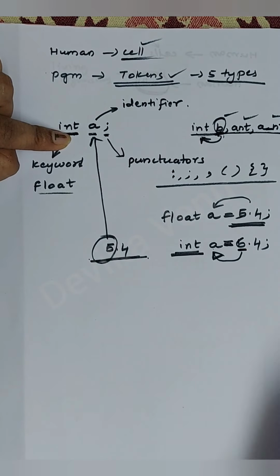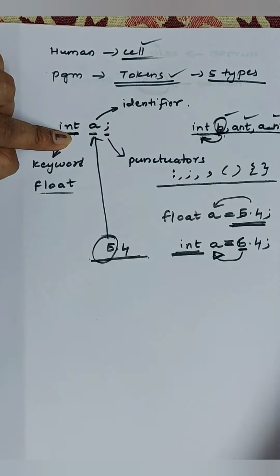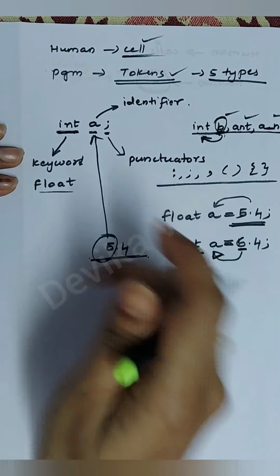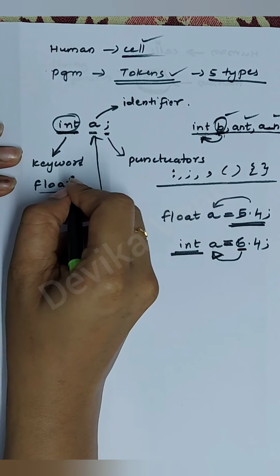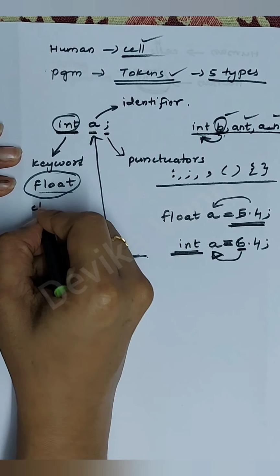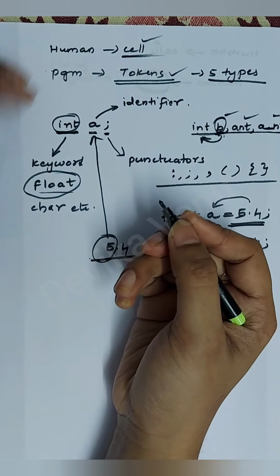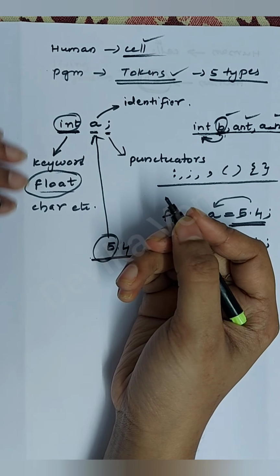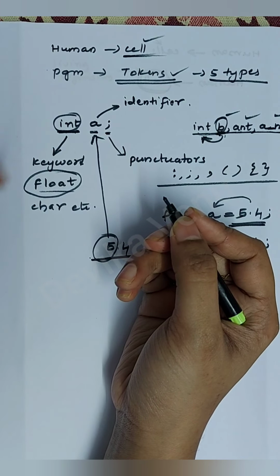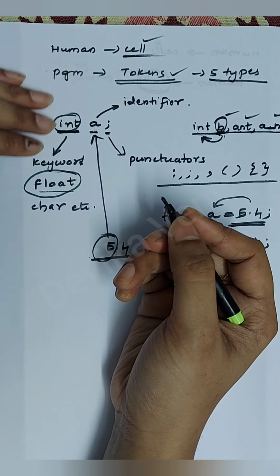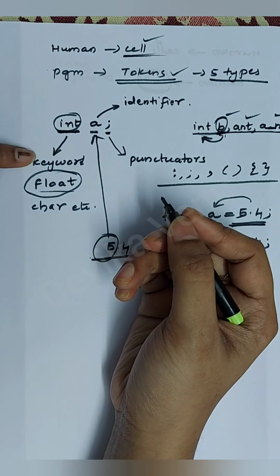Okay, I think that concept is clear to you. So integer, float or char, etc., will come through different types of keywords. At that time I will explain to you why we are using that keyword. These are a few examples of a keyword.